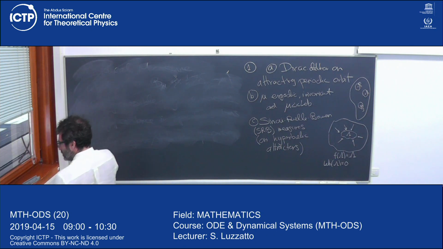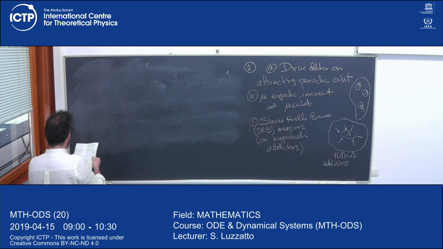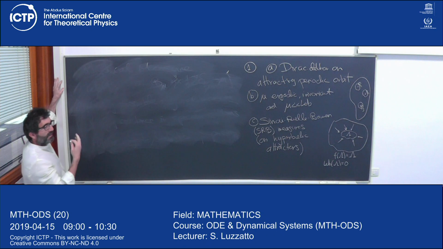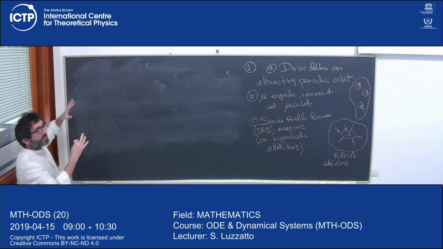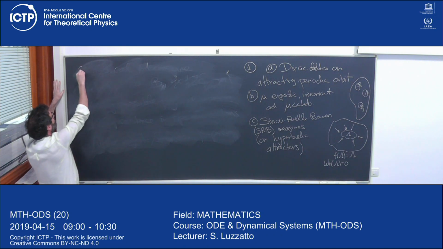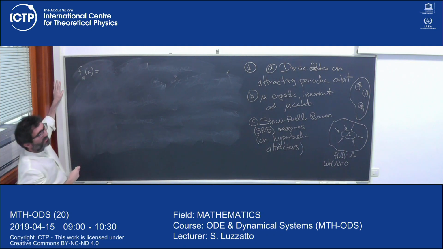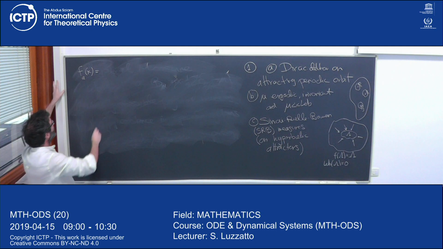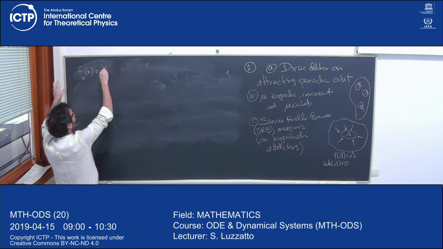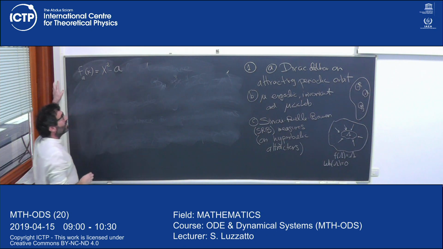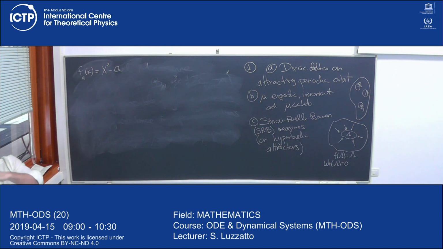So I want to give you here just a little overview of a very interesting family that has been a kind of test for the field to really test the limits of the techniques of what we can do, even though it's a very simple map. Let's put it as a parameter family of maps, x squared minus a.